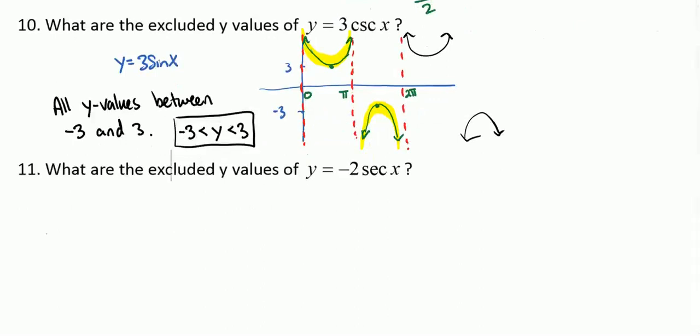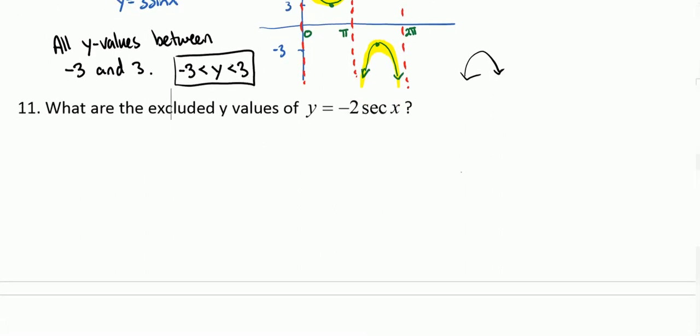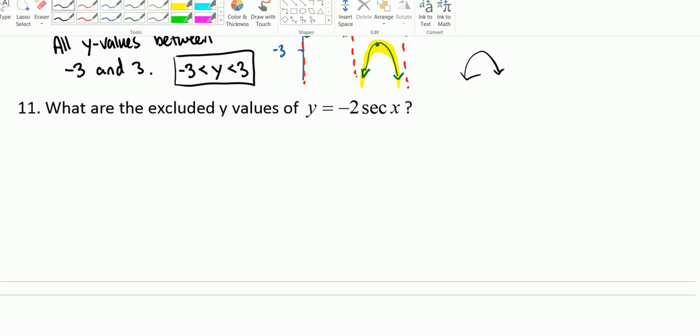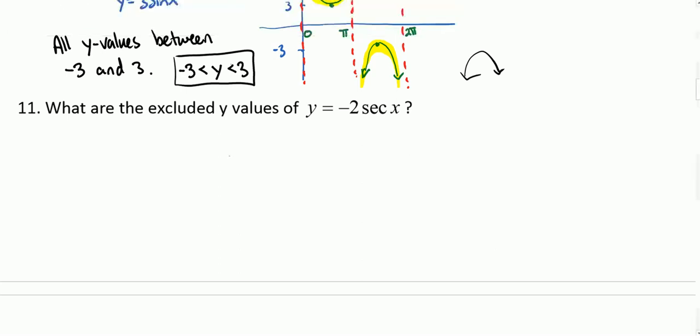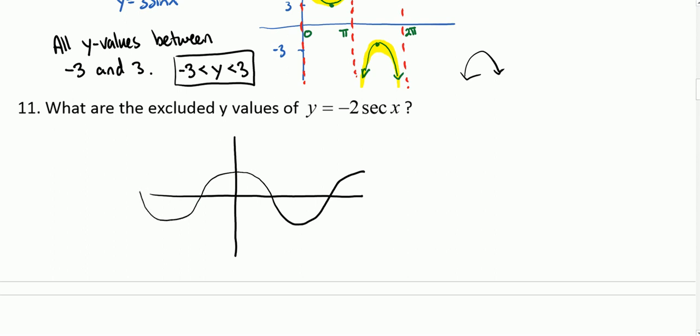Number 11, what are the excluded y values of negative 2 secant x? So let's get a graph of that. Secant is the reciprocal of cosine. So I'm going to get just a quick sketch of cosine that I will erase. Here's a cosine function.